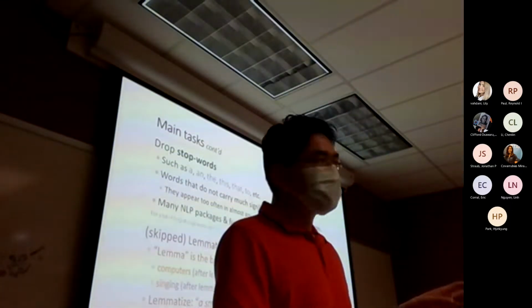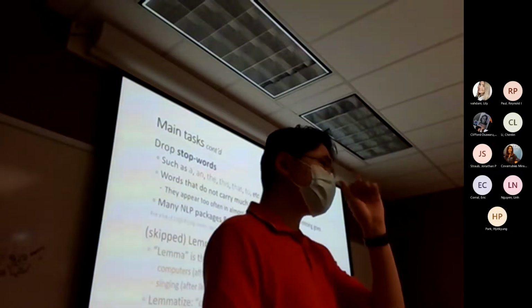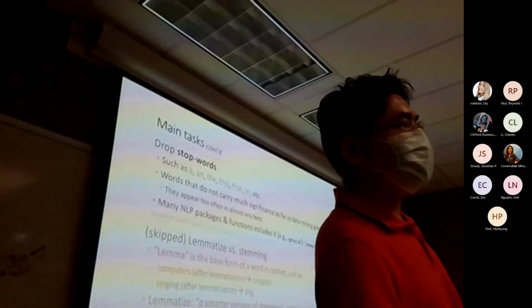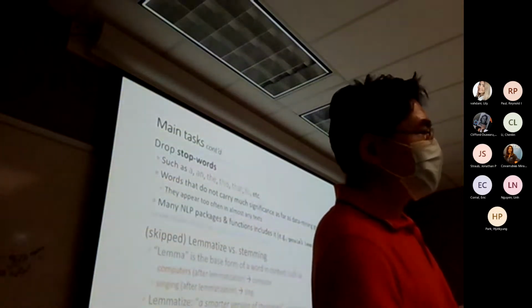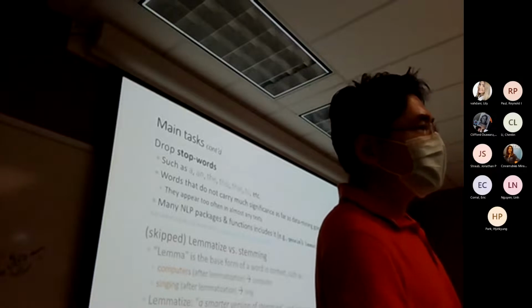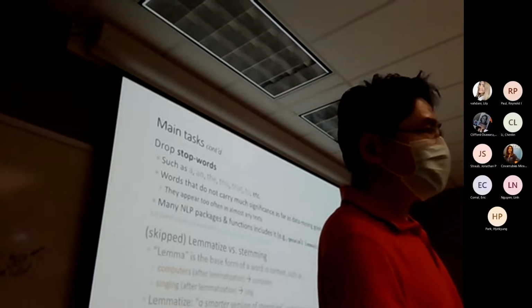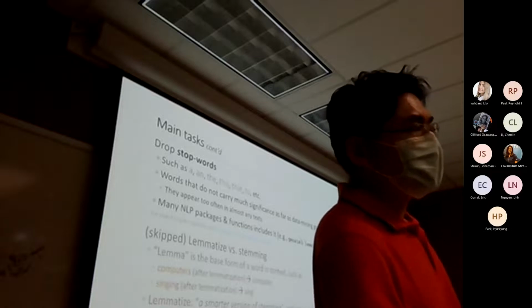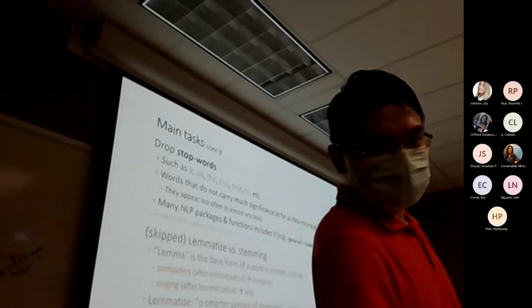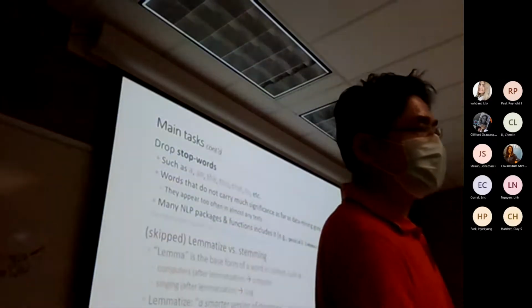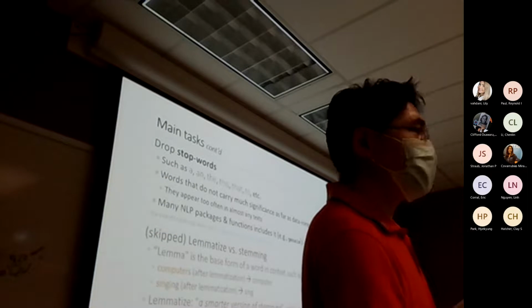And lemmatization versus stemming. This is in terms of the word tense, like past tense, present tense. Like, liking, I liked. They kind of say the same thing with slight differences in tense. So there are packages in natural language processing or in linguistics, this is a big deal.